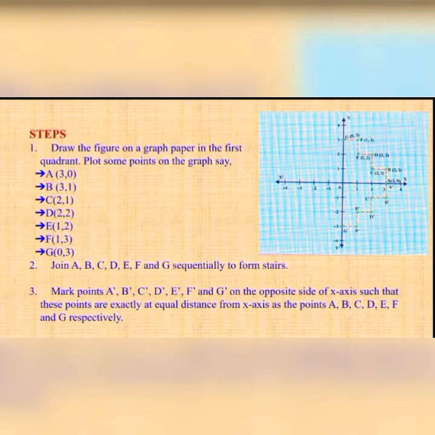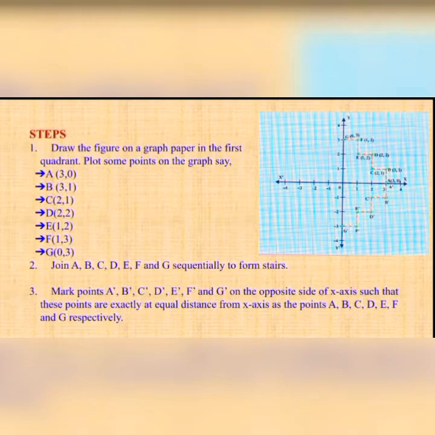Next step. Mark the points A', B', C', D', E', F' and G' on the opposite side of the x-axis such that these points are at equal distances from the x-axis as the points A, B, C, D, E, F and G respectively.